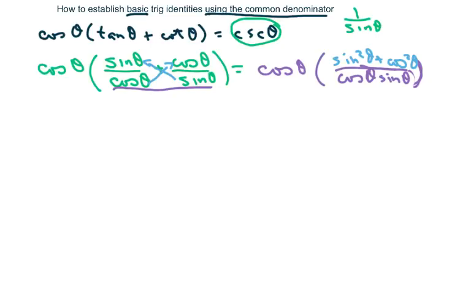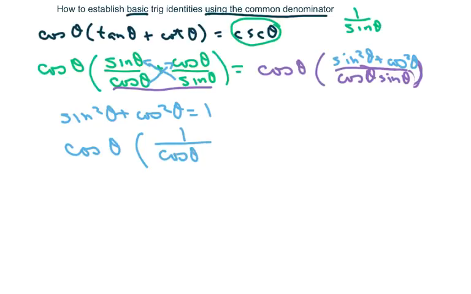Now we're going to use our Pythagorean identity. We know that sine squared theta plus cosine squared theta equals 1. So I'm going to rewrite that as cosine of theta times 1 over cosine of theta times sine of theta.